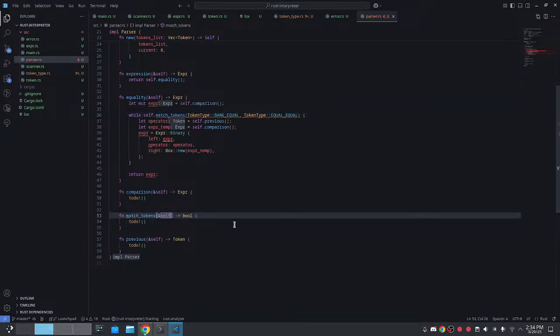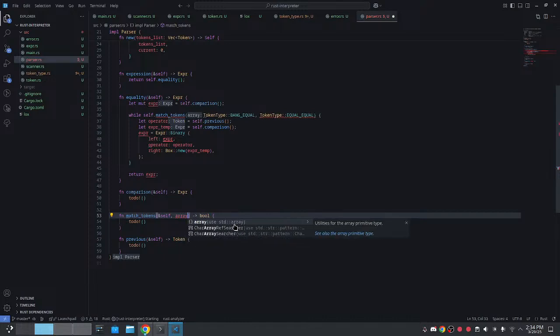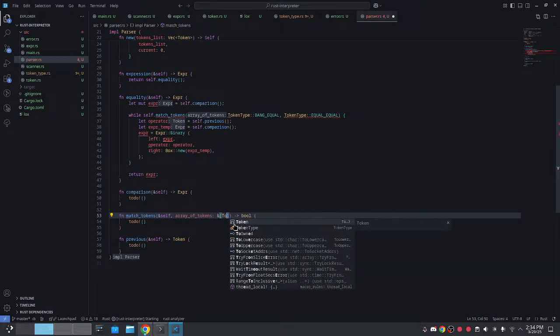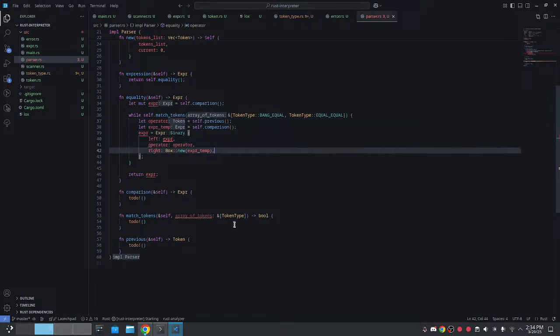We can just use something like an array of tokens. Then what we will do, we will do something like this.